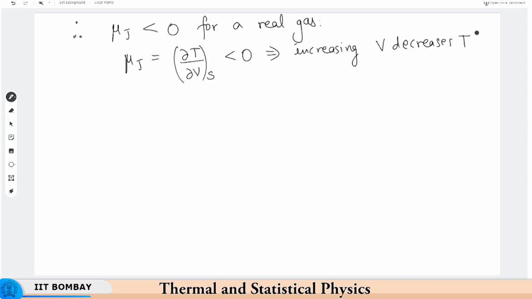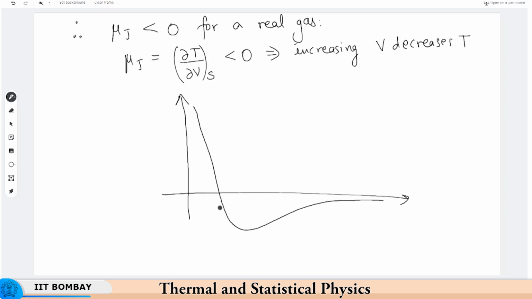So, now let us try to think about it conceptually, right. Why is that happening? For that I will again go to the intermolecular attraction potential that we typically have between molecules. I will draw it a little bit bigger. So, typically the attractive interaction potential between two gas molecules.